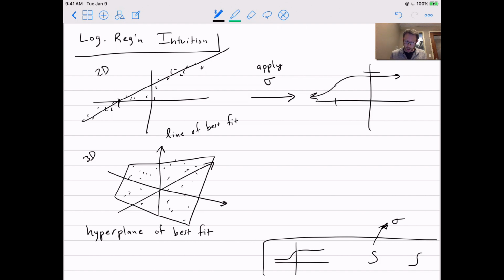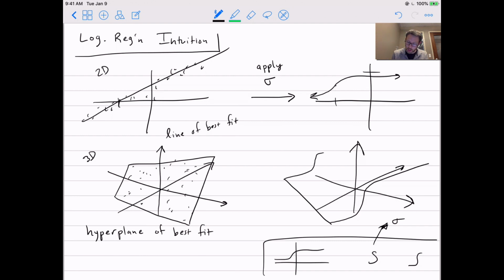And then something similar happens when I apply the sigmoid curve to 3 dimensions. And actually, this is the most interesting part of this picture. Now, this is very hard to draw. What I'm going to try to draw is a flat surface that has kind of a step up, like a waterfall up, because it's not an abrupt cutoff. It's sort of a smooth transition to a higher plane.